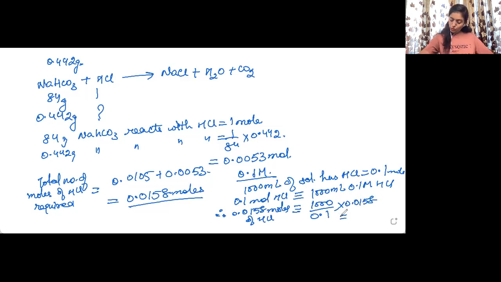It will come out to be 1000 multiplied by 0.0158 divided by 0.1, so it is 158 ml. We need 158 ml of 0.1 molar HCl so that it completely reacts with both of these. It is a bit long question, but if you have not understood it, you can watch it again. It is not tough, but it is a bit long.